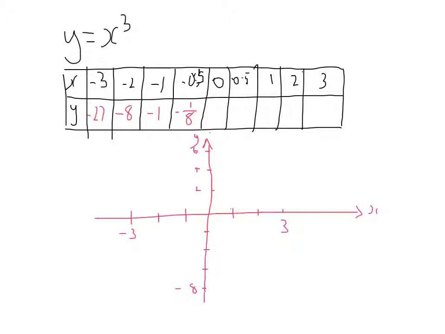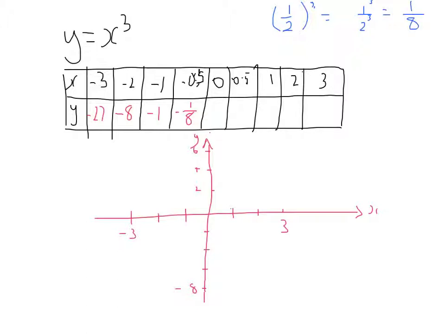If we're going to be using a half and cubing it, then if you remember your index laws, that would be the same as 1 cubed over 2 cubed, which is 1 divided by 2 cubed, which is 2 times 2 times 2, which is 8.